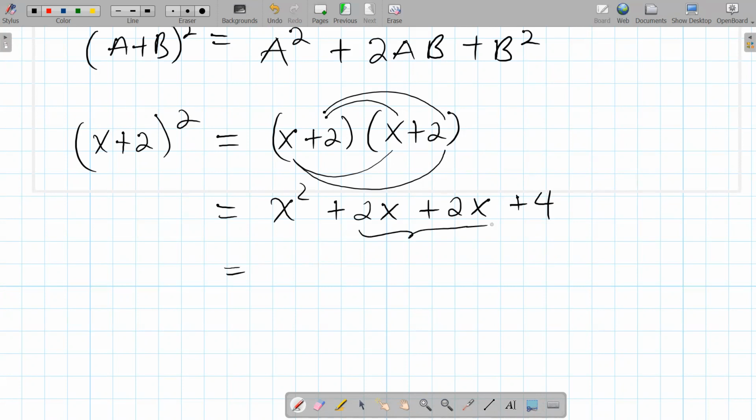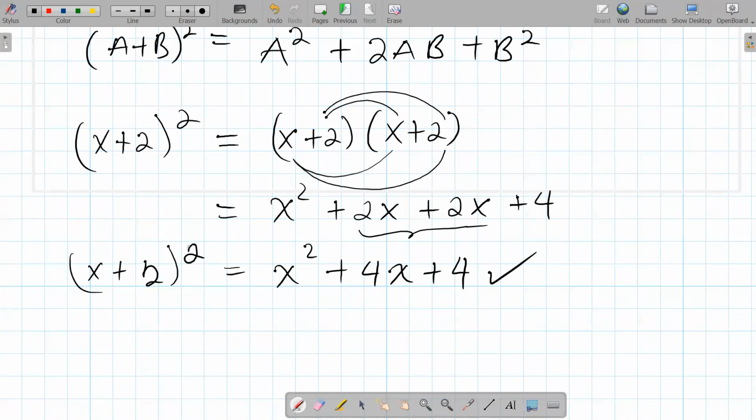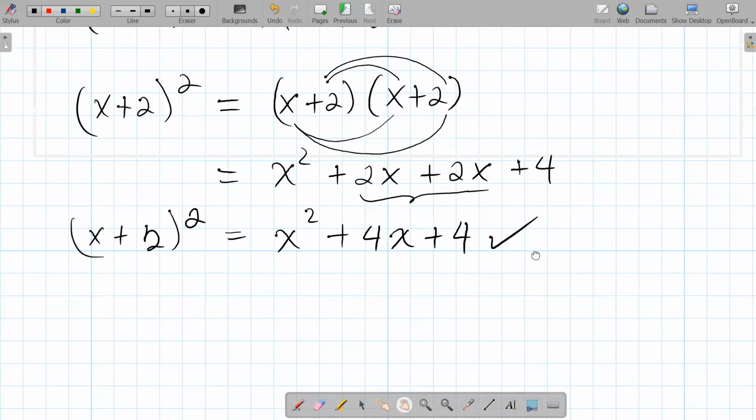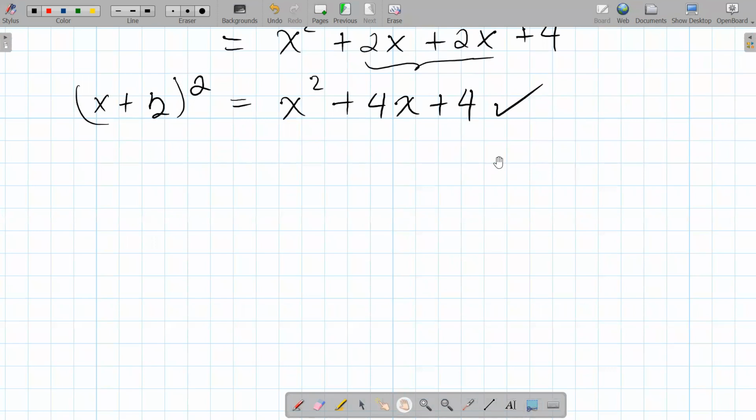These two here are like terms, so I'm going to have x squared plus 4x plus 4, and that will give me my answer as you see here. So this is pretty much very simple.